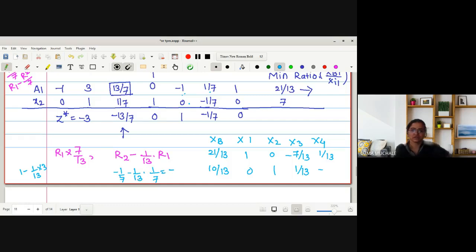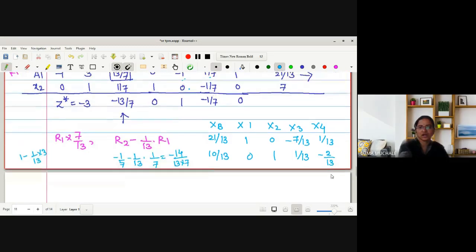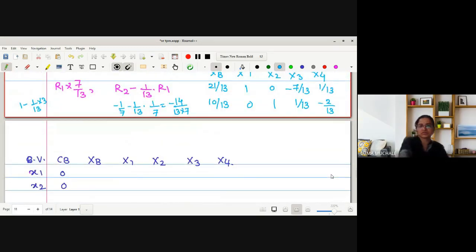Correct? Well, if I divide by 7, 7 2s are 14. Is it minus 2 by 13? Yes, ma'am. Now we will just write the entries in the original table.